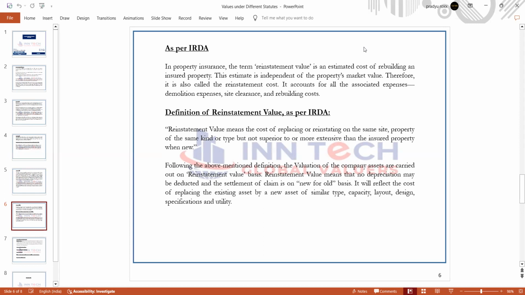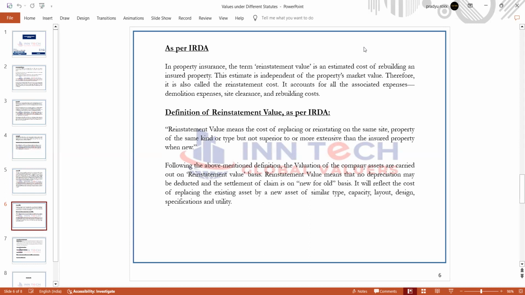Otherwise, there will be under insurance, and you won't get the entire expense or loss which you have incurred due to any accident to that asset. The entire loss may not be recovered from the insurer.